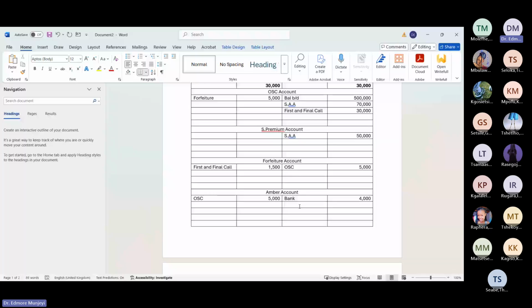If you can calculate that, the discount is 1,000. That means now our credit side and our debit side are going to balance nicely.